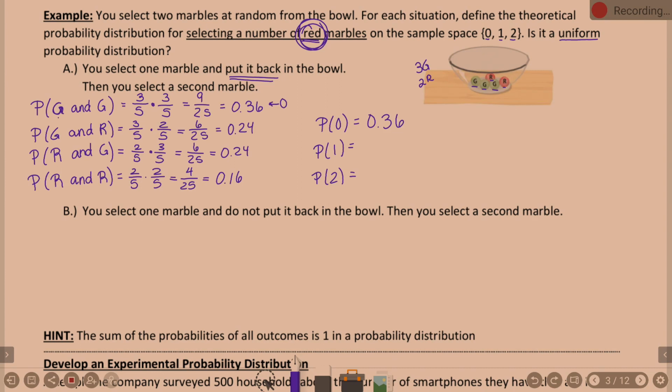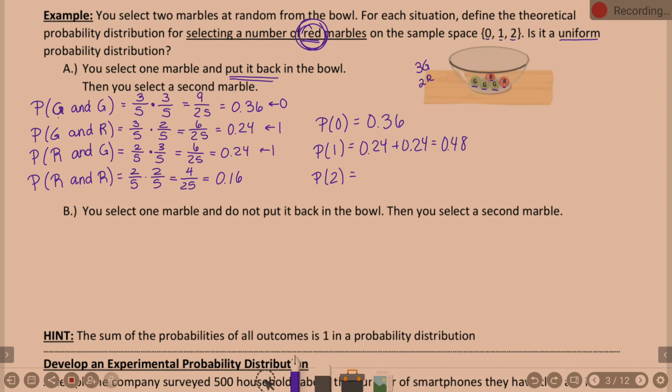What are my options for probability of 1 red? Well, for 1 red you could have green and red or red and green. So that is the probability of 0.24 plus 0.24, which is going to be 0.48.